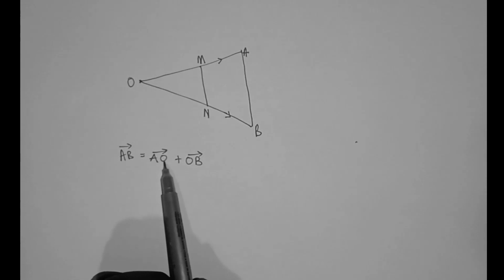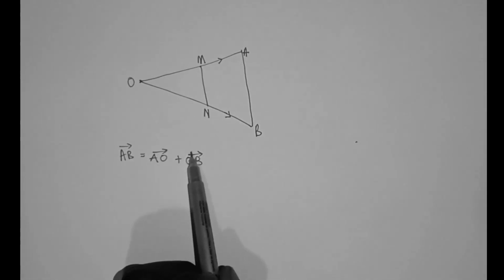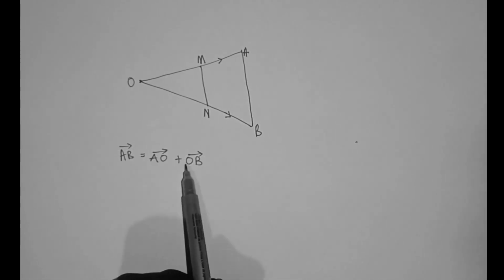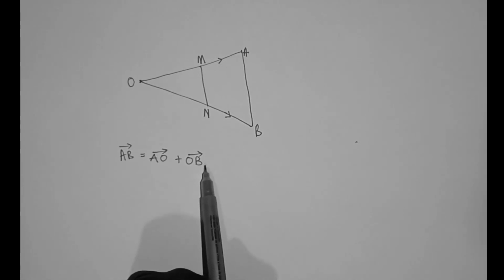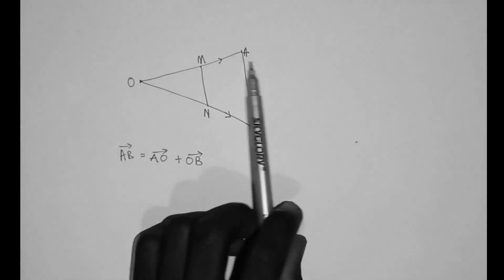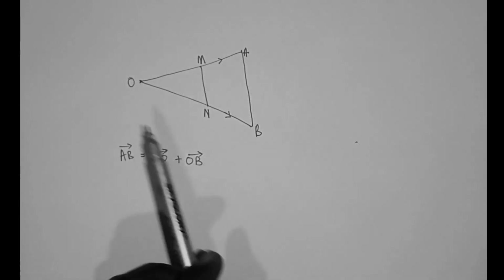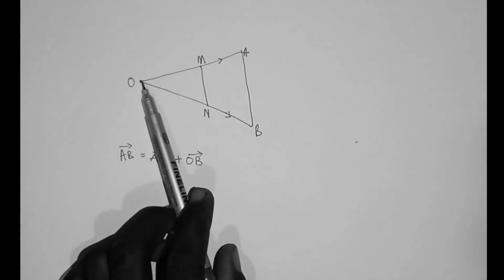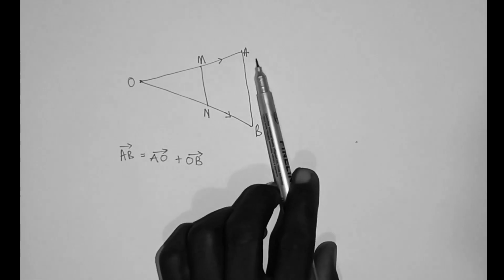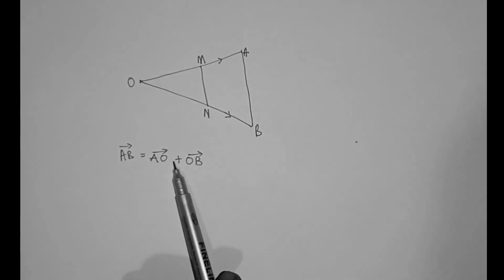So we ended at O. We need to start the vector B from where we ended, which is O, back to B. But from what we've seen in the picture, we see that the vector is going from O to A and not from A to O.